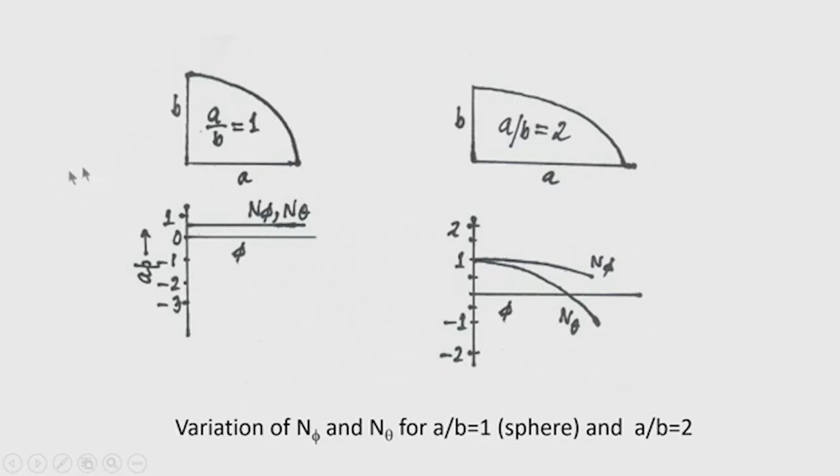Okay. Now, when a by b is greater than 1.414, that I have told, it will change the nature of the forces from tension to compression. Now, here the plot is shown with a by b equal to 2, that is the ratio of semi major axis to the semi minor axis is greater than 1.414, that is root 2.